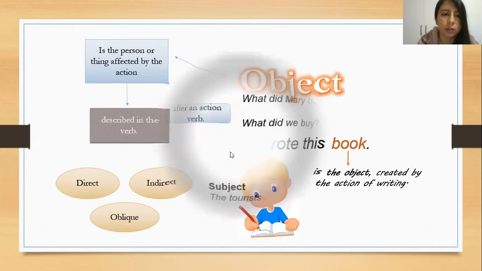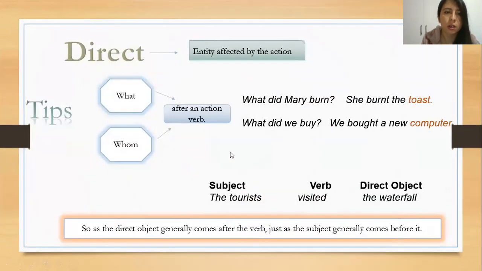Talking about the direct object, the direct object is the entity affected by the action. I will show you some tips on how to recognize this kind of object. We can answer the question what or whom after an action verb.